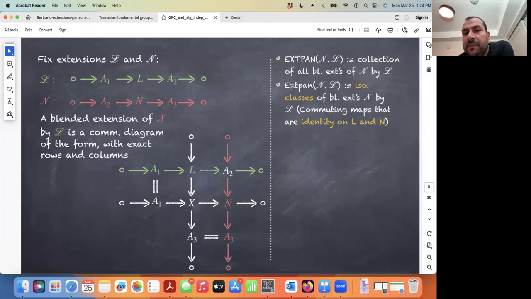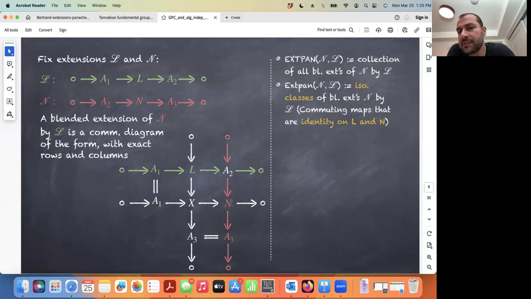This is the collection of all blended extensions, and this is all caps. And then if you just have the first E capitalized, that means the isomorphism classes of blended extensions of N by L, which by definition means, so when do you say that two blended extensions of N by L are isomorphic? When you have commuting maps between the two diagrams, but the key condition is that the maps on L and N have to be identity for two blended extensions to be isomorphic.